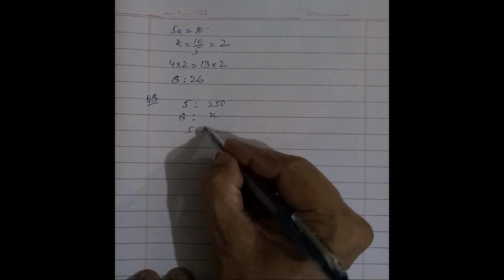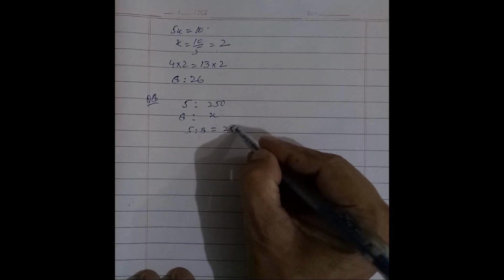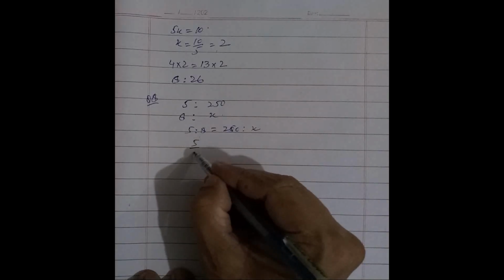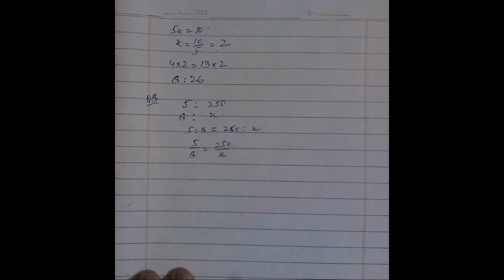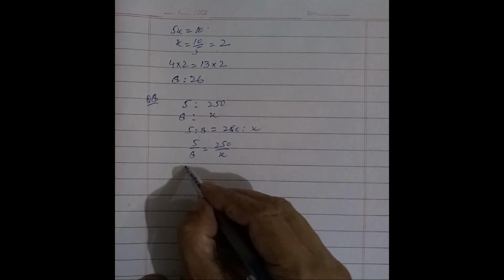We convert them into a ratio: 5 ratio 8 is equal to 250 ratio x, and we write them also as 5 over 8 is equal to 250 over x. Now we cross multiply these values: 5 multiplied by x and 8 multiplied by 250.